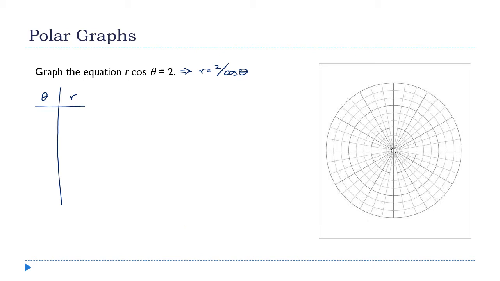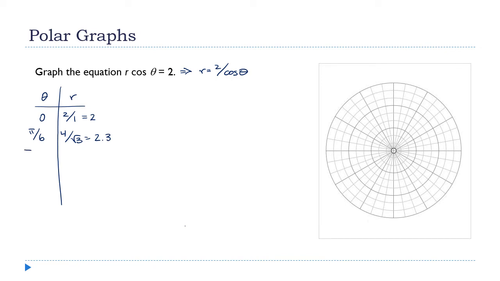Okay, so let's start with 0. When theta is 0, this is 2 divided by 1, which is 2. Okay, good, that's a good start. If we do pi over 6, that's 30 degrees. Cosine 30 degrees is the square root of 3 over 2, so that makes this 4 divided by the square root of 3, and my calculator tells me that is 2.3.